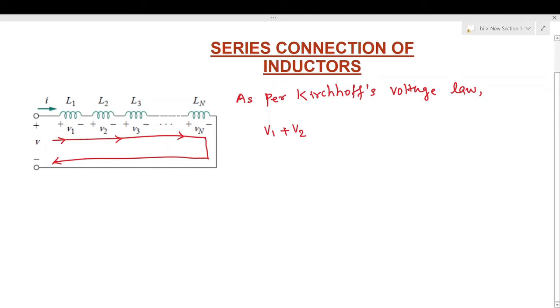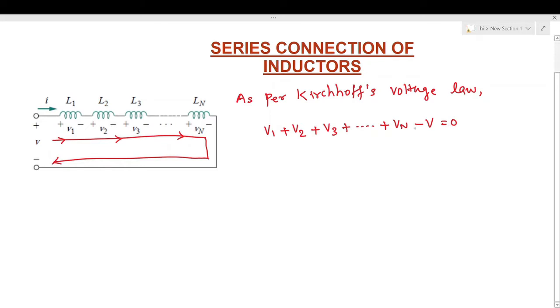And as you can see from the circuit diagram, the arrow meets the positive potential of all the voltage drops, so we will take all the voltage drops as positive, V3 and up to Vn. And finally the loop arrow meets the negative terminal of the voltage source, so we will take the voltage source as negative, which is equal to 0.